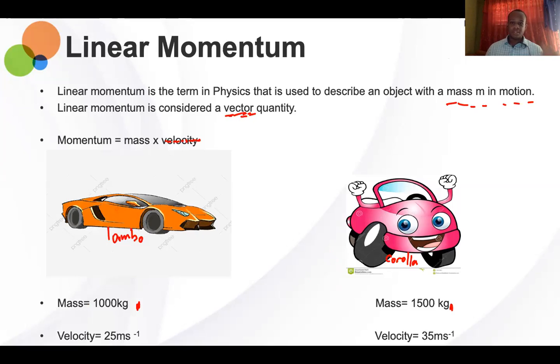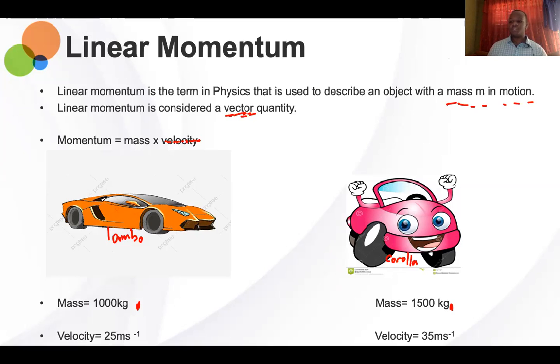All right, so linear momentum is the term in physics that is used to describe an object with a mass in motion. We found it difficult to just describe the velocity.